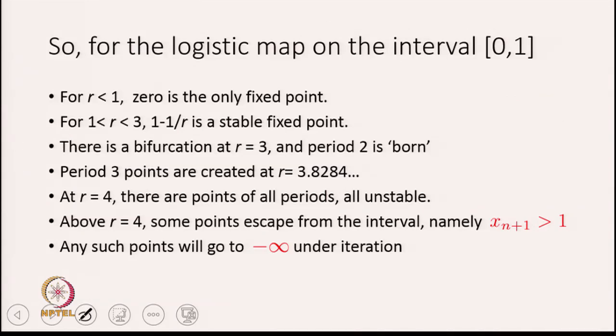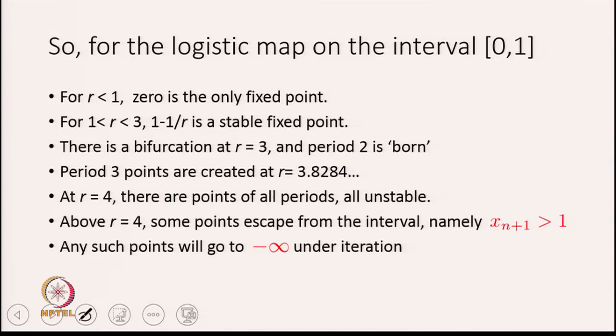So now for the logistic map, the behavior on the interval 0 to 1 can be summarized as follows. For r less than 1, 0 is the only fixed point. When r lies between 1 and 3, we have 1 minus 1 by r as the stable fixed point, and 0 is unstable.